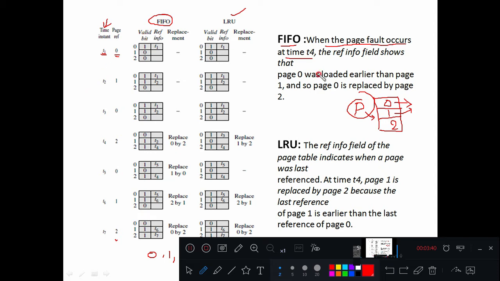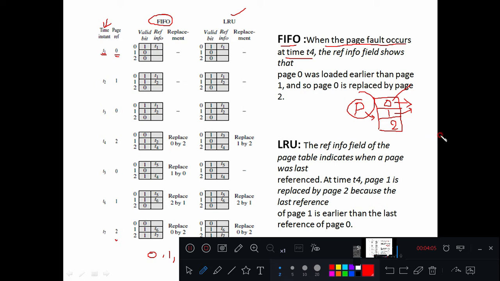So initially which page is going to be loaded? The first page, that is the 0th page. Its valid bit is going to be 1, because before it is loaded in the central processing unit, it has to be loaded in main memory.